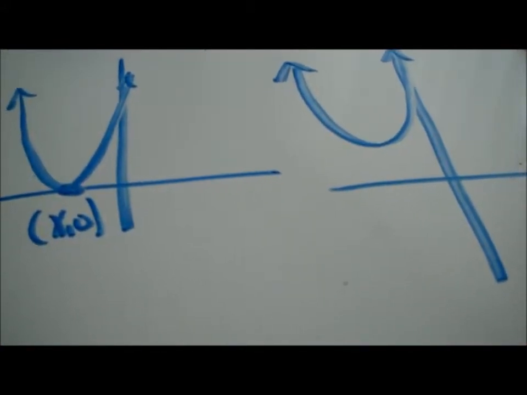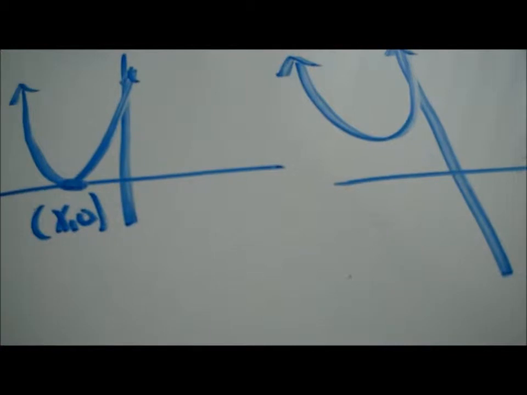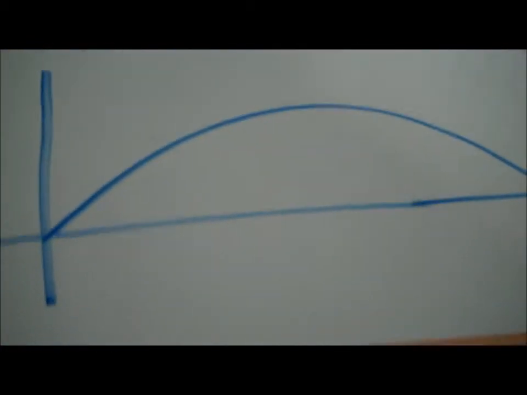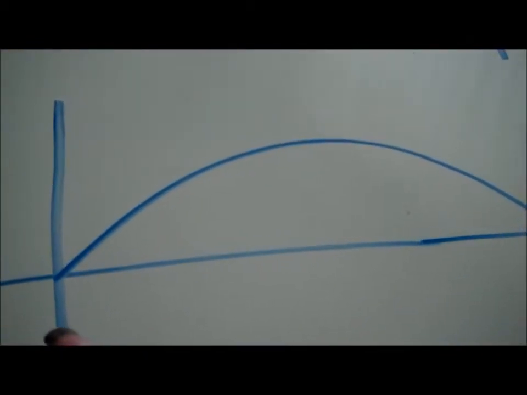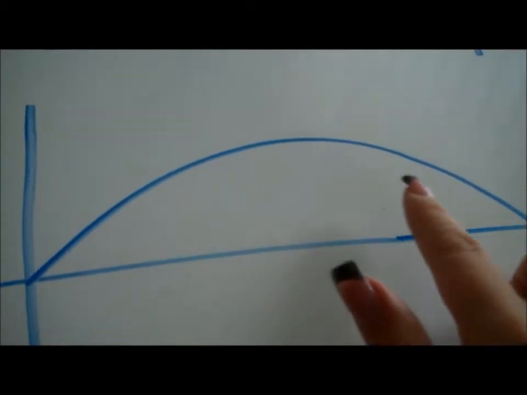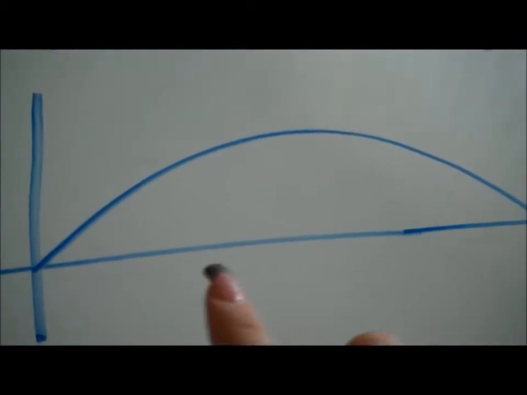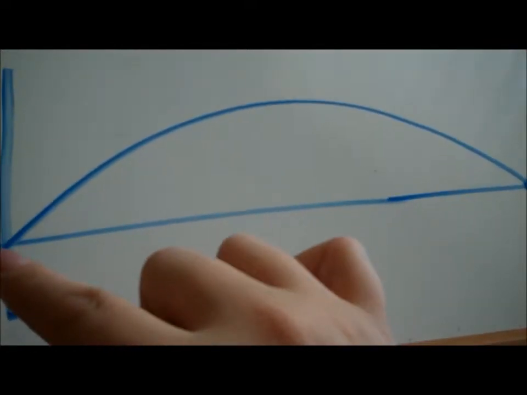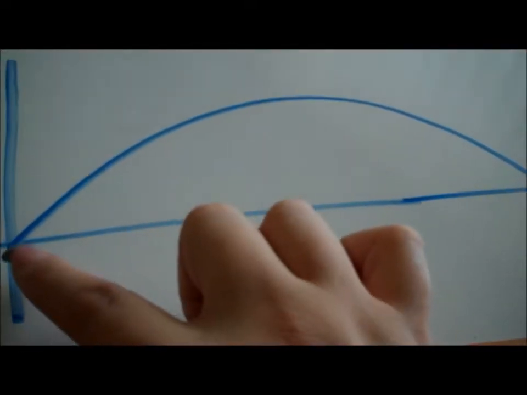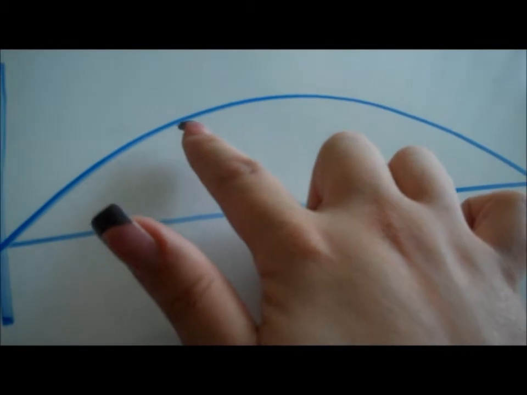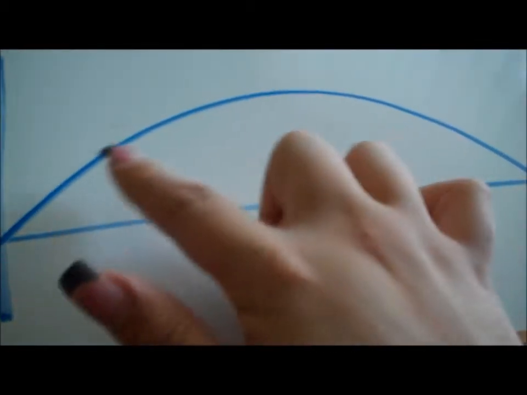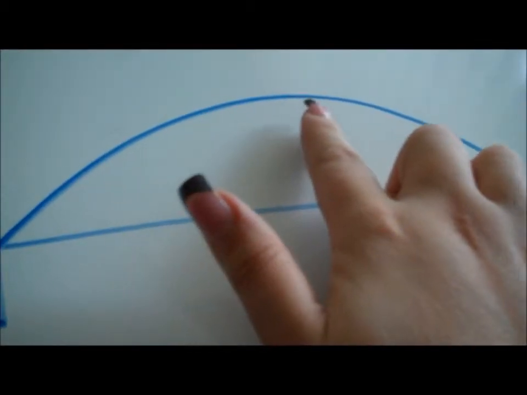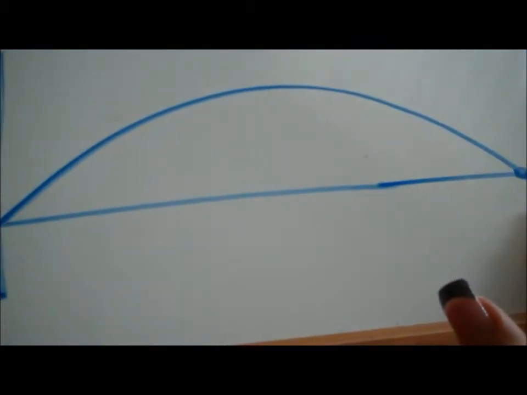Now the reason why we're going over these is because there are applications of where these things will happen. So for example, just because this is turned upside down, it still represents a parabola. This is some place where we could show where something has been thrown up into the air, and if we play sports or know of sports, it will come to a peak and then gravity will start to pull that object back down.